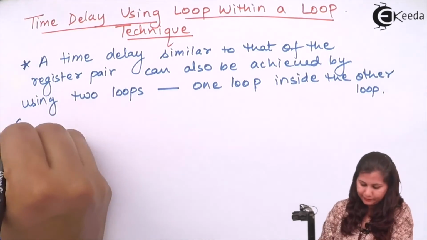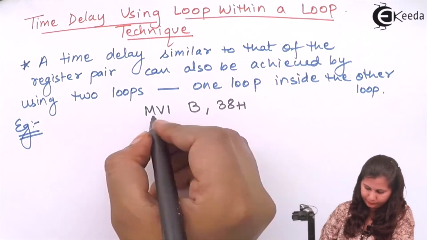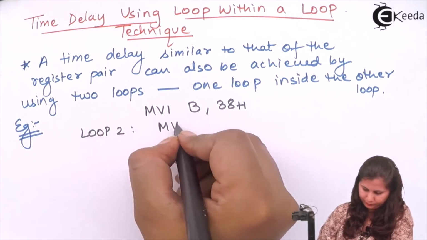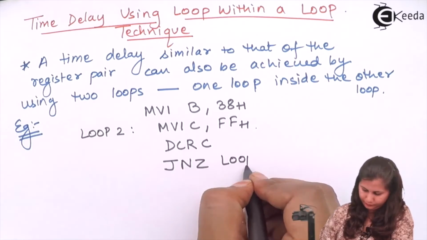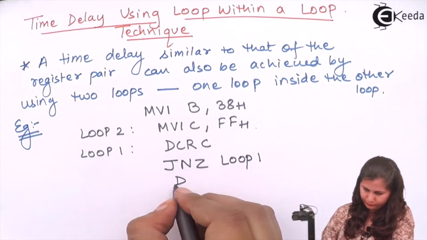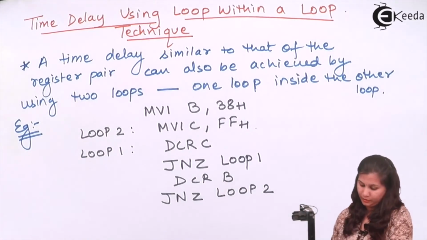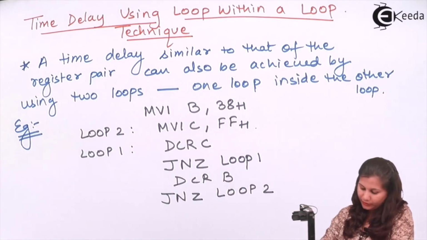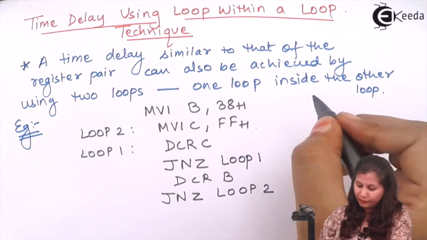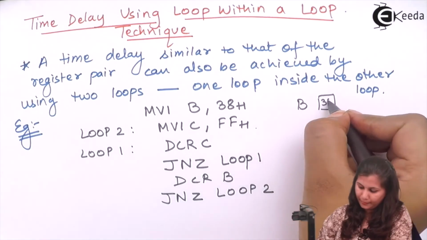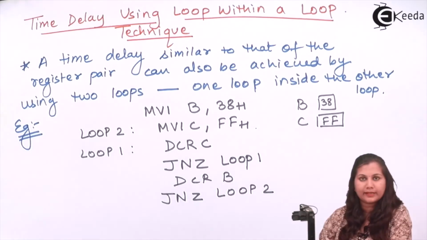Let's take an example here. We have to move 38H into the B register, and the C register has FF.